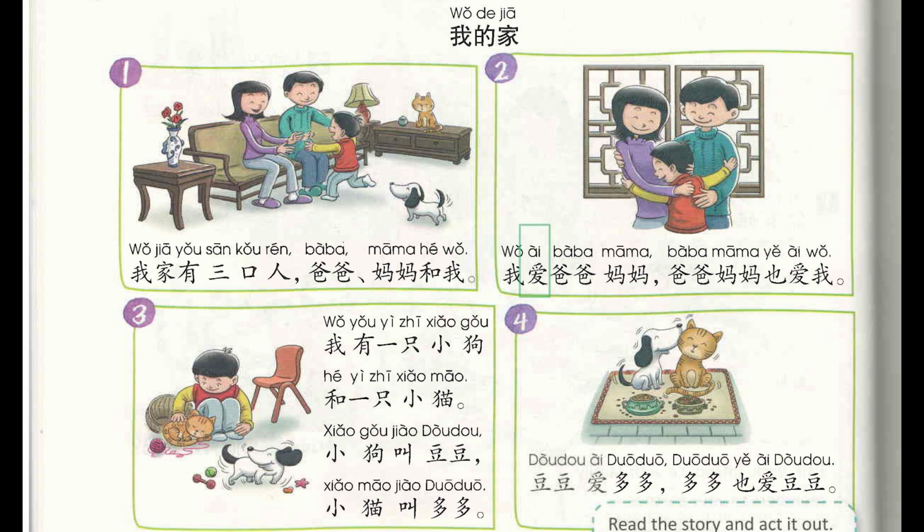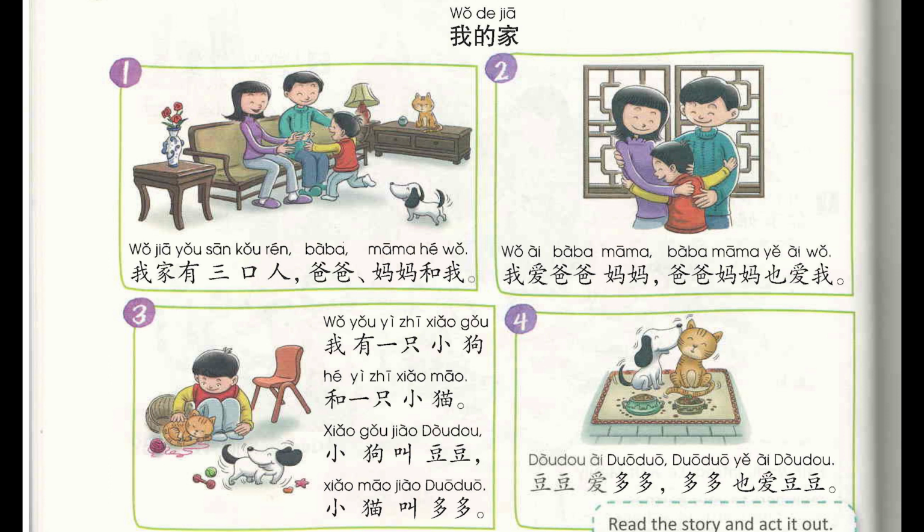Here 爱 means love, L-O-V-E, love. 爸爸妈妈也爱我。So that means father, mother also love me. Here, 也 means also. 爱 means love.